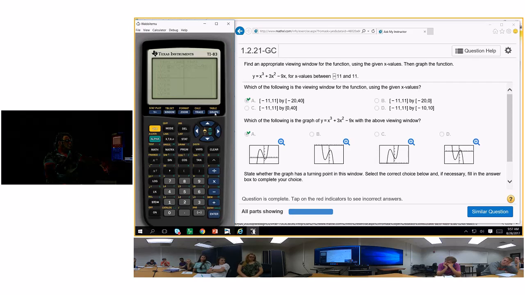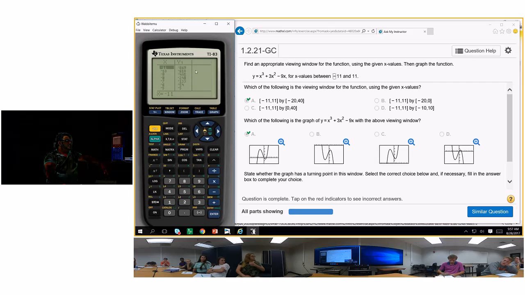And graph. Okay, now don't worry about this. Go to table. Above second, graph. And find -11 and 11.